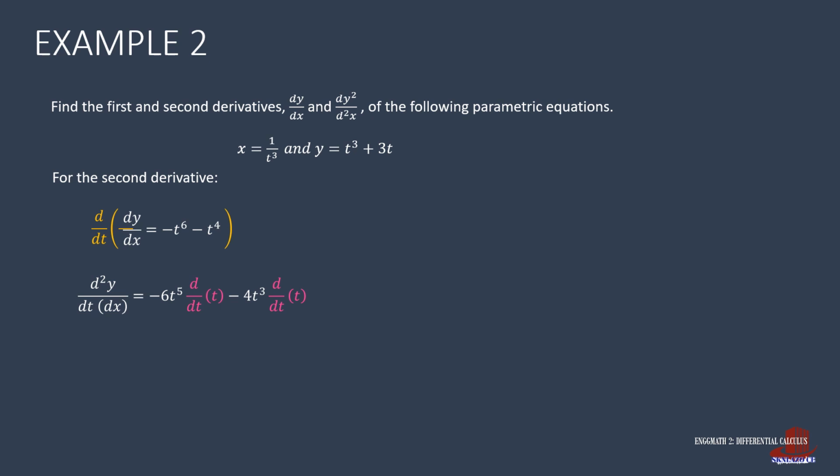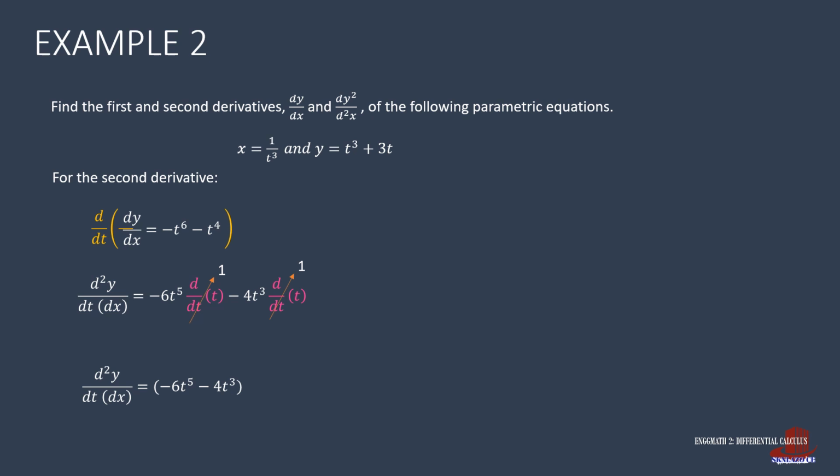The second term is then negative 4 times the derivative, which is t cubed. Then attach dt over dt. Dt over dt is 1. So the function becomes negative 6t raised to 5 minus 4t cubed. This is the simplified d squared y over dt dx.